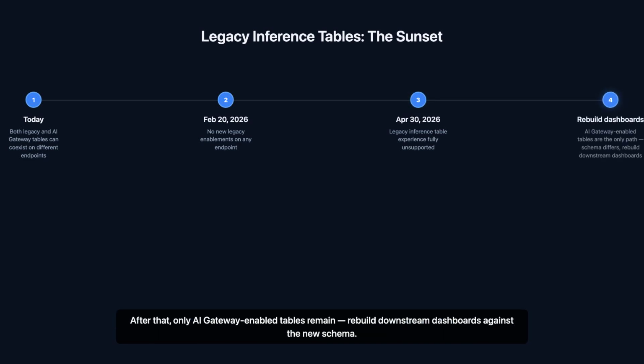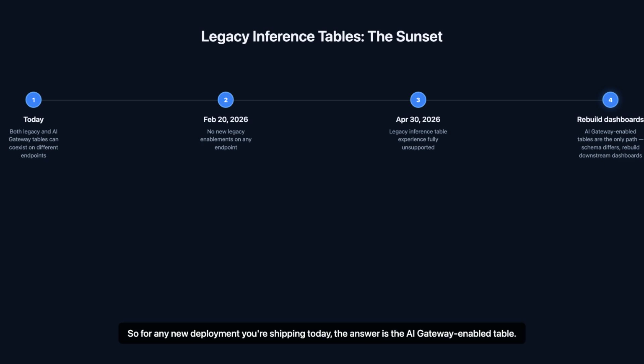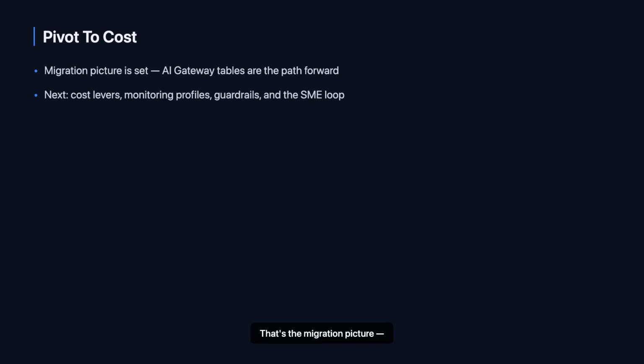After that, only AI gateway-enabled tables remain. Rebuild downstream dashboards against the new schema. So for any new deployment you're shipping today, the answer is the AI gateway-enabled table. That's the migration picture. AI gateway tables are the path forward, and the April 2026 sunset is the forcing function.